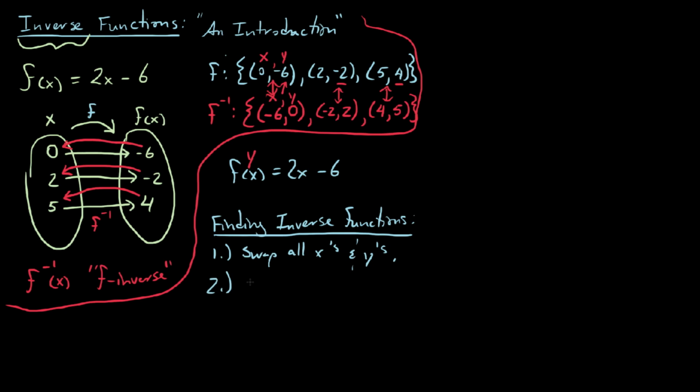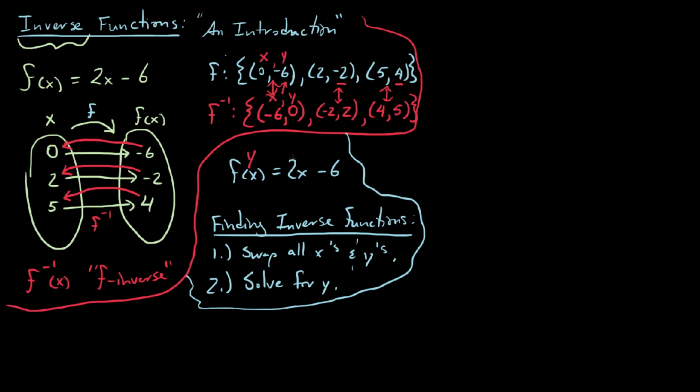Step 2 is going to be this: solve for y. Now keep in mind, I haven't gone into whether or not the inverse of a given function is itself a function, which requires one-to-oneness. Every x goes to one and only one y, and we'll discuss that with the horizontal line test, not the vertical. But let's take this for a test drive here.